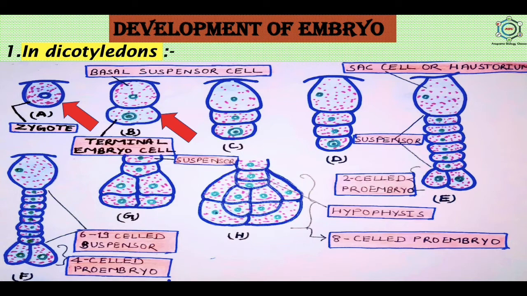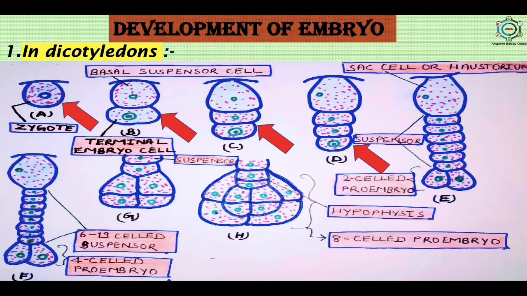Here, the large basal cell is called the suspensor cell, which lies towards the micropylar end of the embryo sac, and the smaller terminal cell, which is known as the embryonal cell, lies toward the chalazal end of the embryo sac.